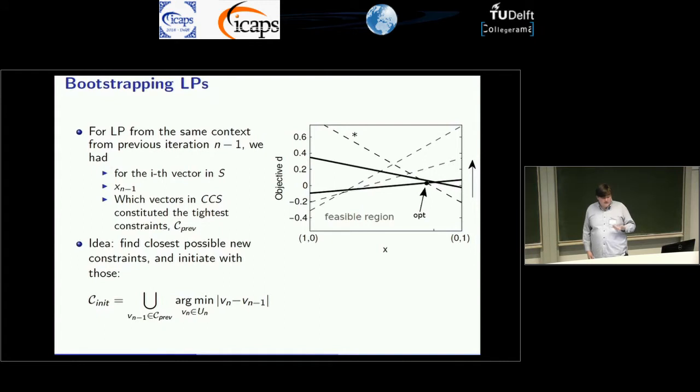So in the i-th iteration, we already had a solution to our LPs, and now we try to find the closest possible new constraints that correspond to the constraints where we found the optimal solution in the previous iteration. And that gives us an initial set of constraints for which we don't actually have to iteratively add all the constraints from the extrema as we did previously. And so again, this can be a big step.